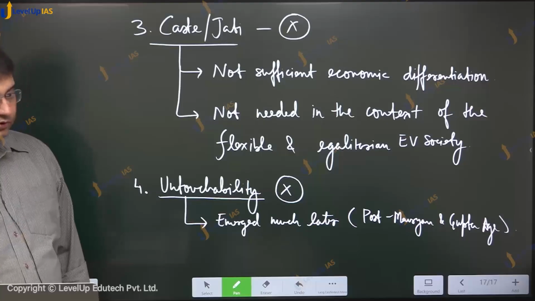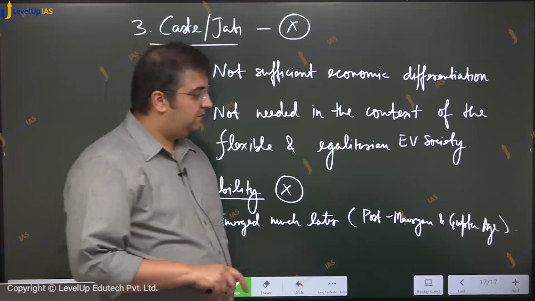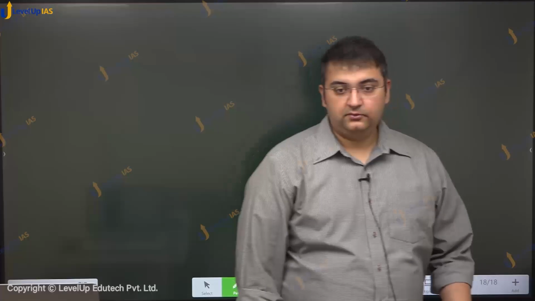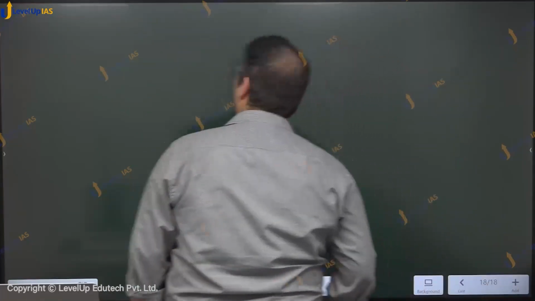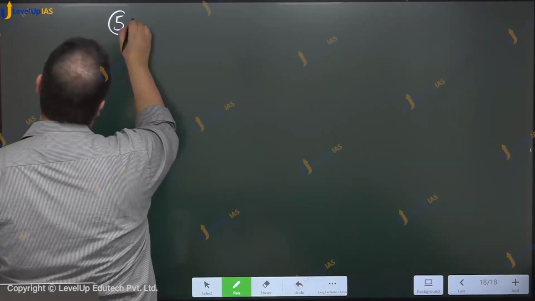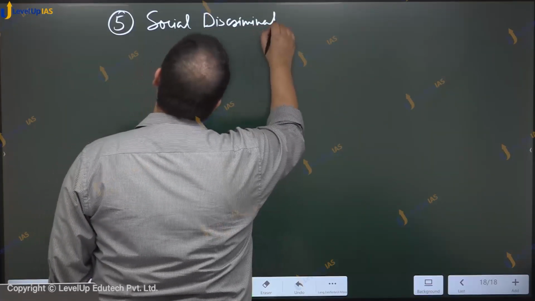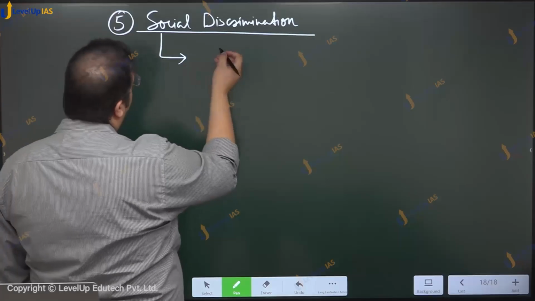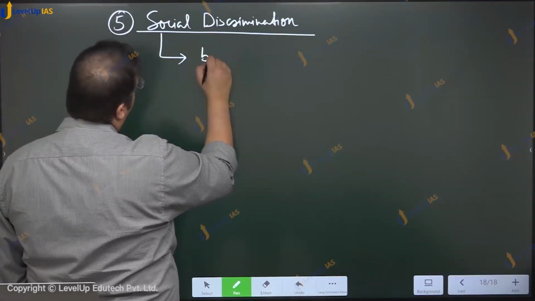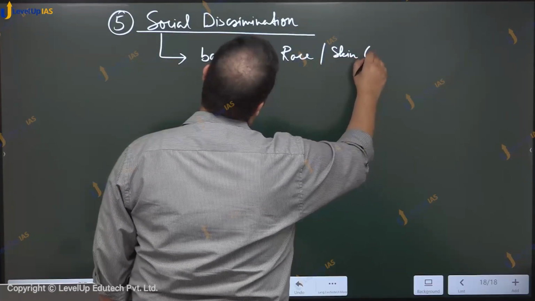Now, does this mean that there was no social discrimination in the early Vedic society? Were any groups of people discriminated against or not? होते थे. कौन थे? The non-Aryans, that is the Dasas, Dasyus and Panis. So, social discrimination took place on the basis of race or skin color.